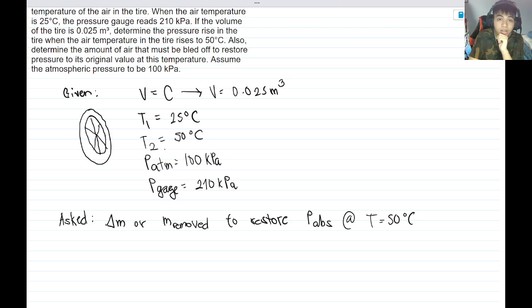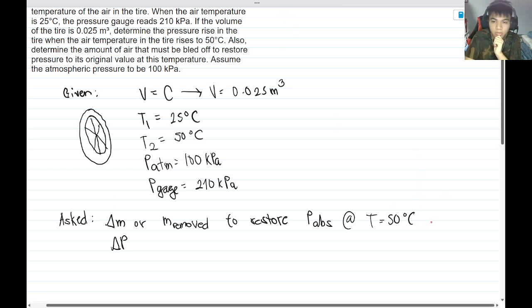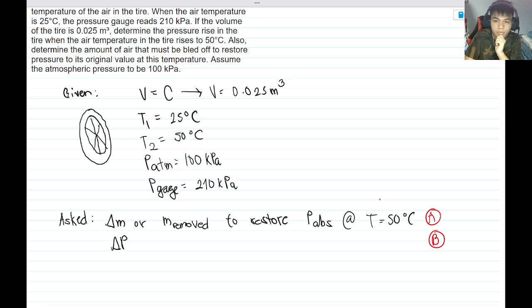And then we also asked to find the pressure rise, delta P. Okay? So for the solution, let's do this as A. This is B. Okay?